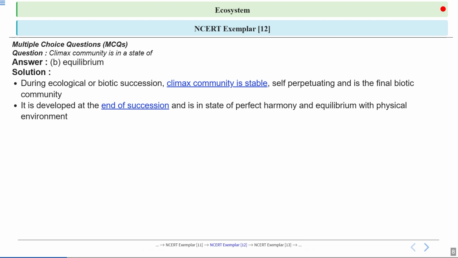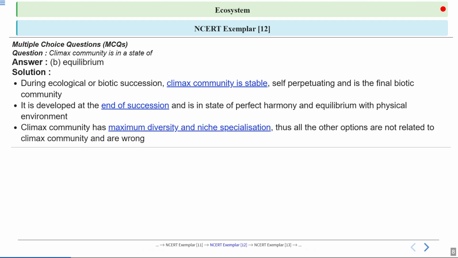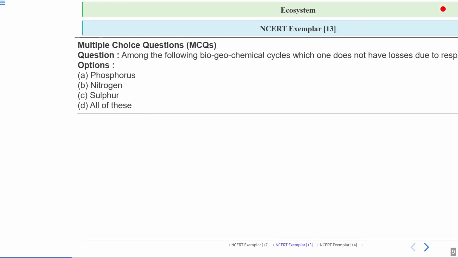This means that all the living organisms and non-living elements are balanced. Climax community has maximum diversity and niche specialization, meaning that each species has a specific role in the ecosystem. So, the balance and specialization make it unique and resilient.